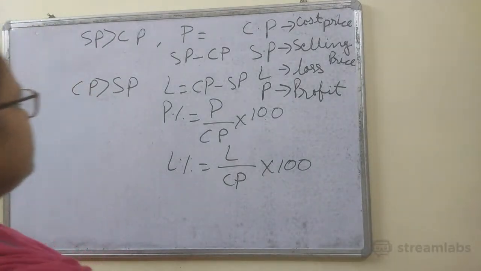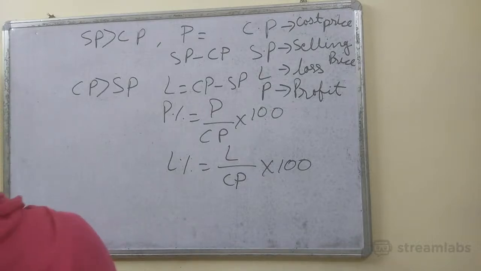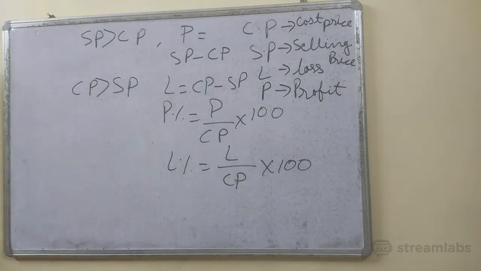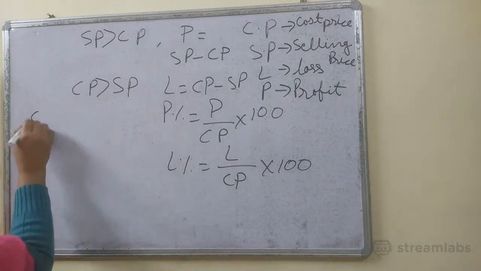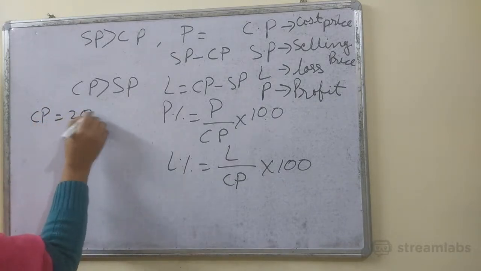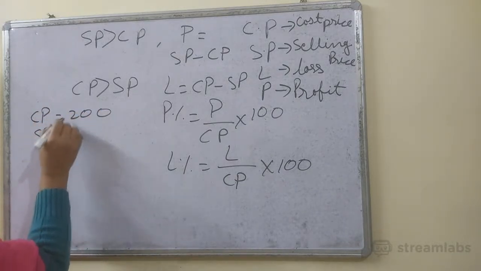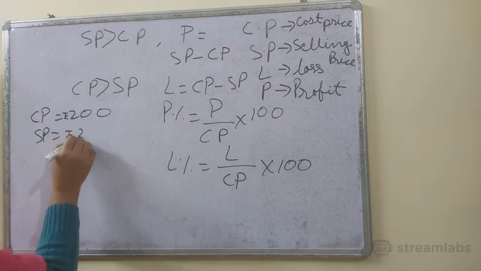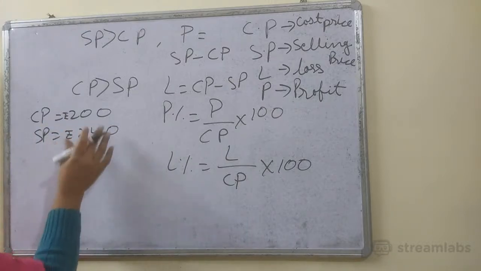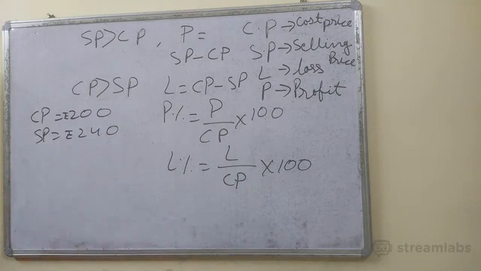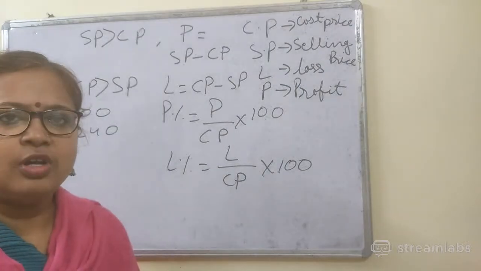Now let's start with the questions. Question number 1. If CP is 200 and SP is rupees 240, find out the profit or loss.